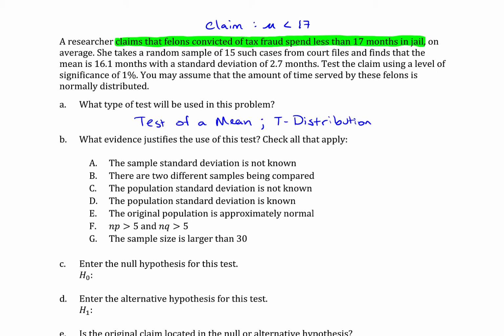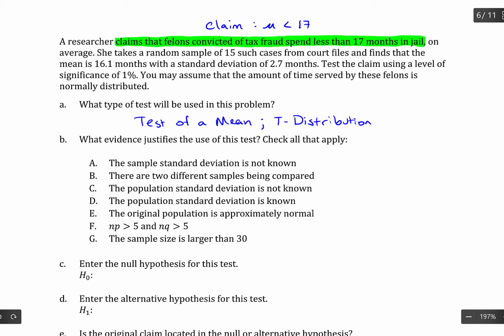That would guarantee that our sampling distribution is normal, and then we could use the t-distribution. Well, our sample size is 15, so it's a small sample, so that doesn't help. But the original population was normal, so it says here, you may assume the amount of time served is normally distributed. So that guarantees we can use the t-distribution.